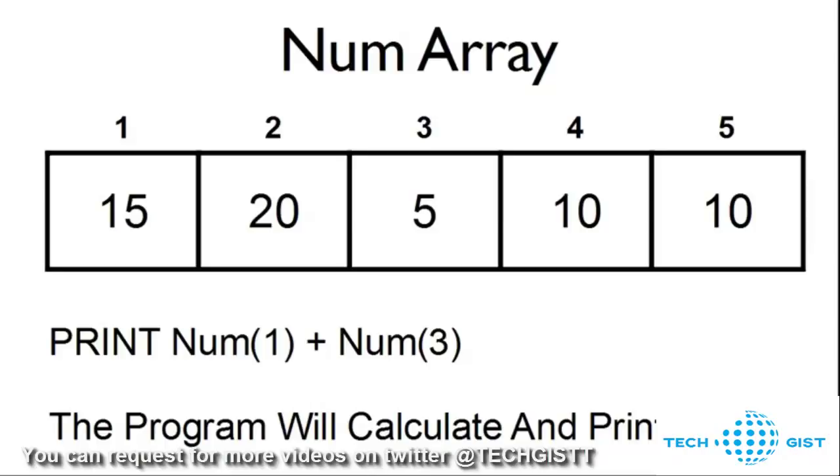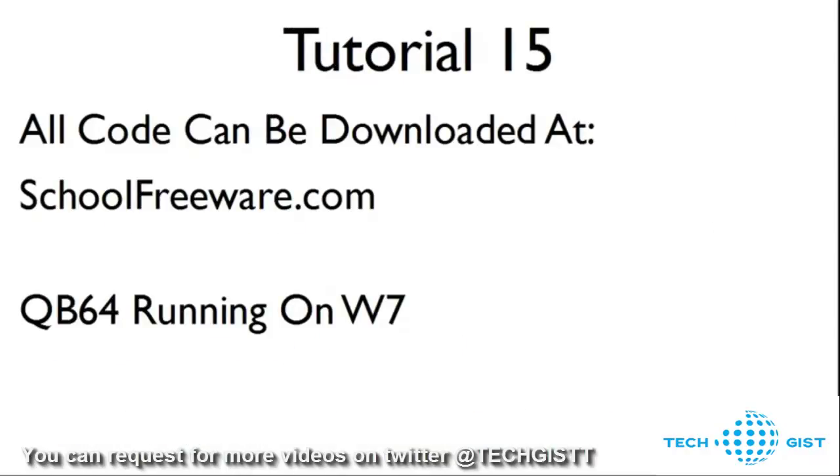Num is an integer array, and inside, of course, we have 5 integers. Here the command is print num(1) plus num(3), so the computer will get num(1), which is 15, and add it to num(3), which is 5, so the computer will calculate and print 20 on the screen. All code can be downloaded at schoolfreeware.com, and this tutorial will use QB64 running on Windows 7.